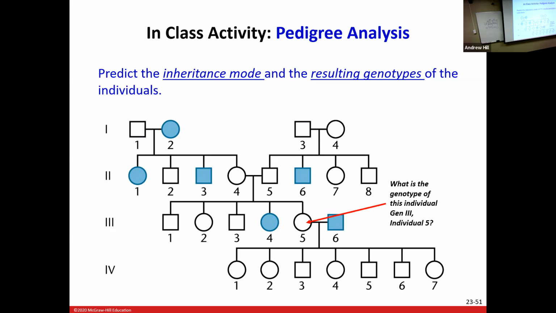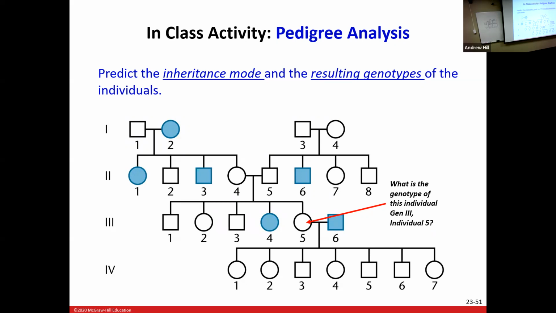If this is small a and this is big A, small a, 50% should be affected. But yet they had 7 kids and none of them are affected, so it's very likely this person, you could say most likely big A, big A, okay?